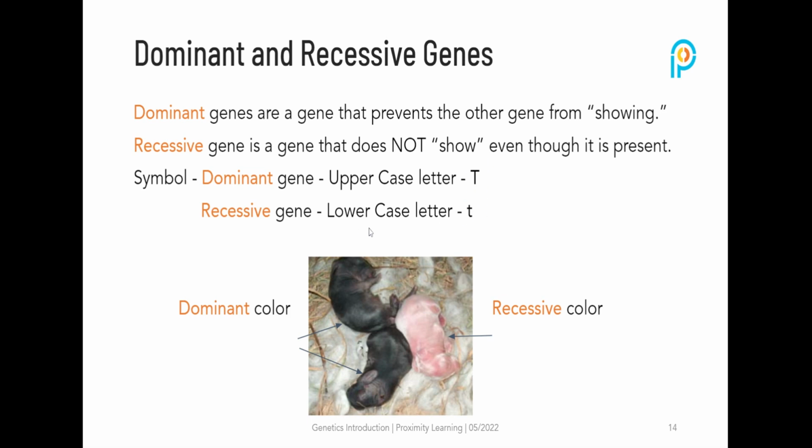The recessive gene is always represented with a lowercase letter. Okay, and they're just using the letter T in this. You can use any letter here, but just know that if it's capitalized, it's dominant. If it's lowercase, it's recessive. So, for example, in these puppies, black is the dominant color, and white would be the recessive color.